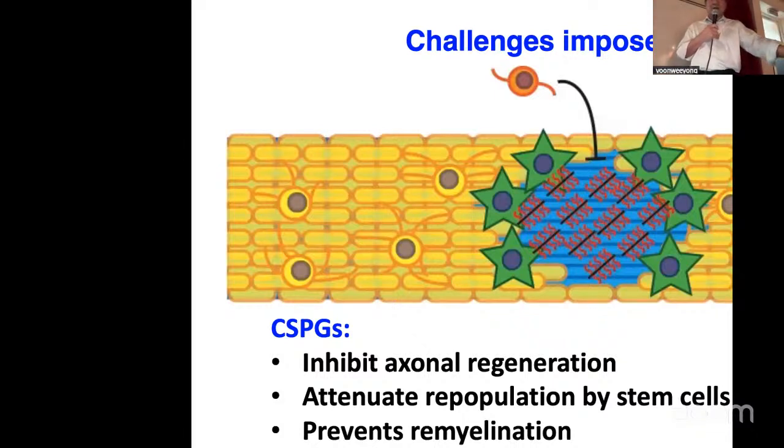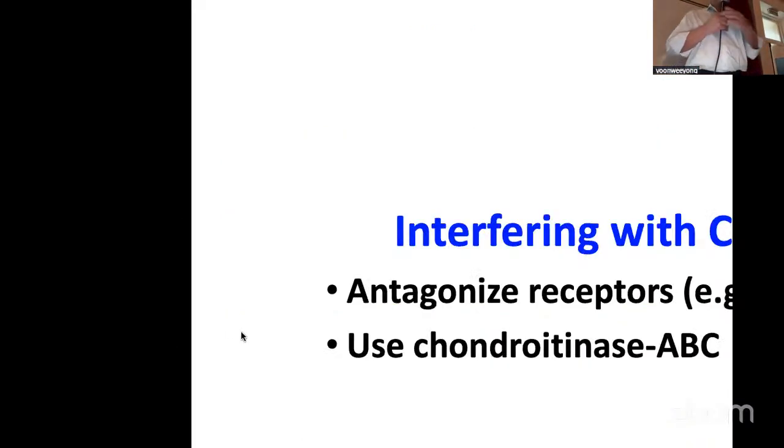I showed you some data that they might prevent remyelination, promote neuroinflammation, increase microglia toxicity. So therefore, I think we need to interfere with these CSPGs.